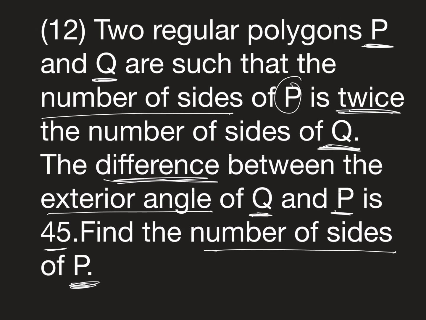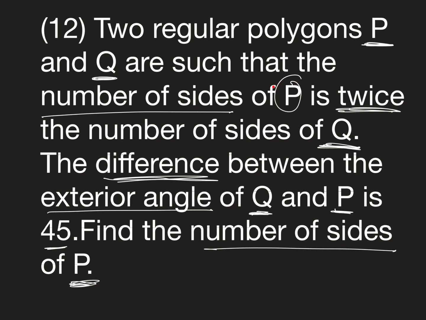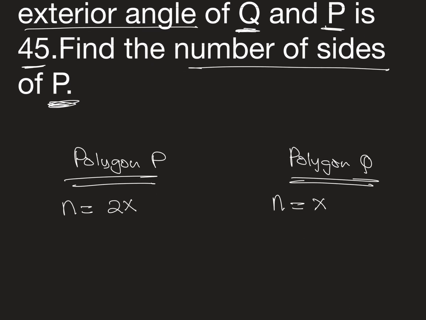It says that the number of sides of P is twice the number of sides of Q. So P has a higher number of sides than Q. It is twice that of Q. So if the number of sides of Q is x, then the number of sides of polygon P will be 2x.